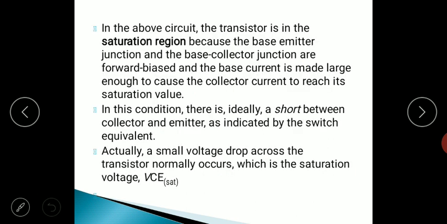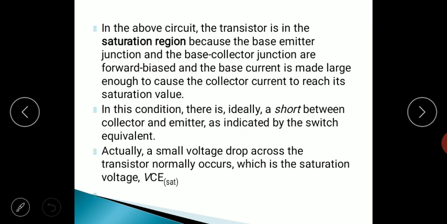That is, as seen in the above circuit, a transistor is operated in the saturation region because its base emitter junction and the base collector junction both are forward biased, and the base current is sufficiently large to cause the collector current to reach its saturation value IC sat. In this condition, ideally a short will exist between the collector and emitter, and we can treat the transistor as a closed switch.